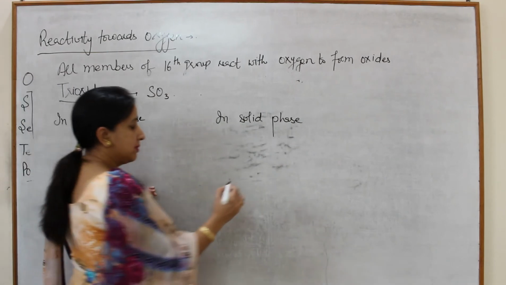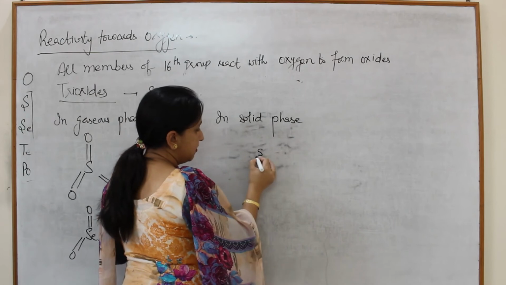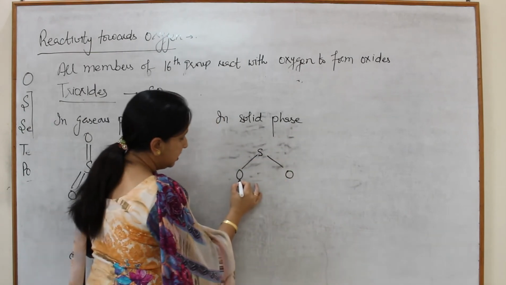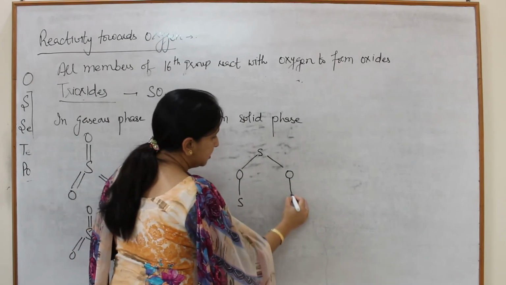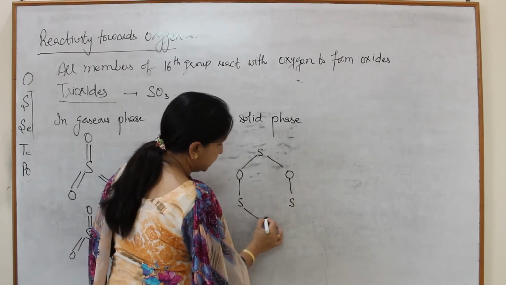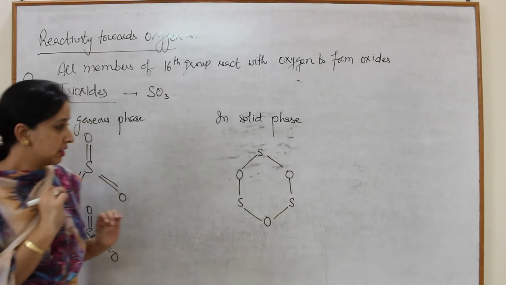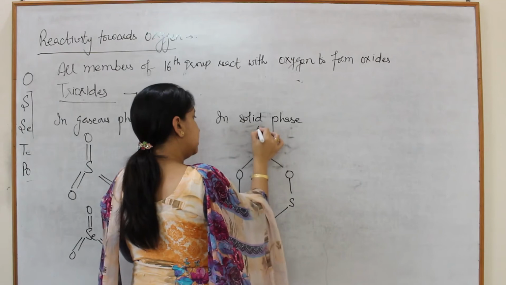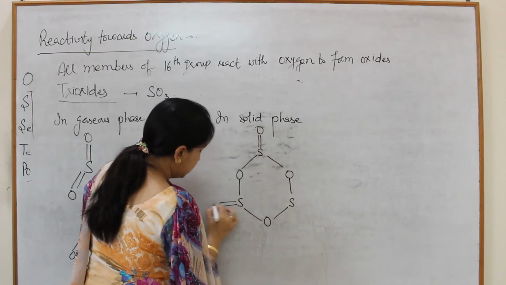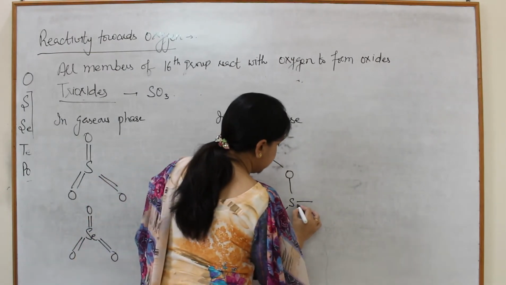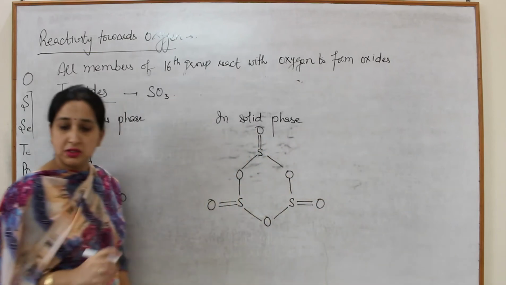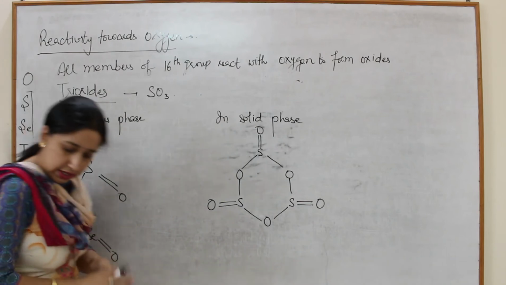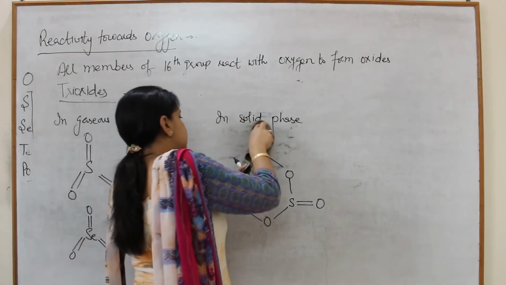Trimer means, look, sulfur, oxygen, oxygen, again sulfur, sulfur, oxygen, oxygen. So this will be double bond O, double bond O, and double bond O. This is your trimer. One minute.